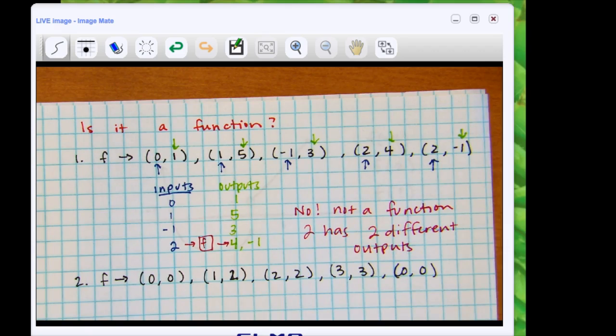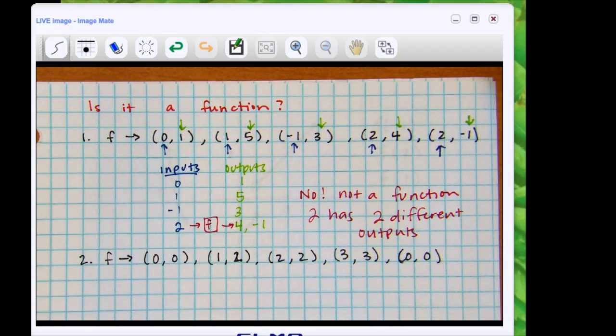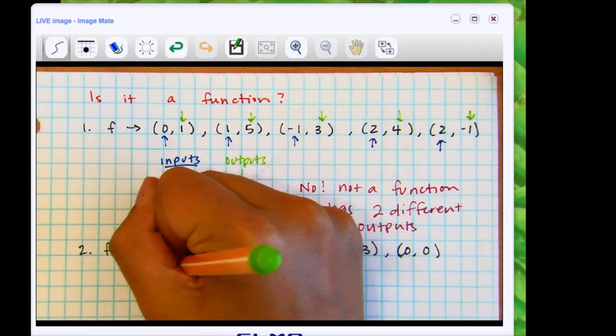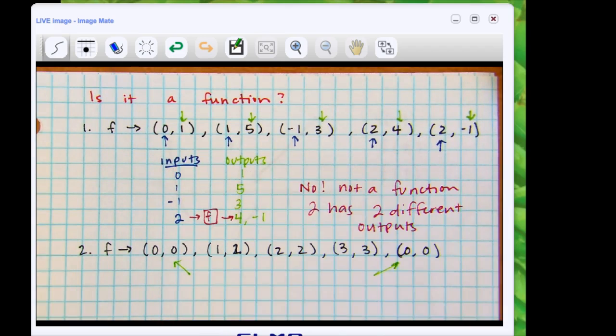Now I want you to stop and think, answering the second question. Do I have any values that have a repeated or different output? I want to explain the second question, particularly the 0, 0 coordinates.